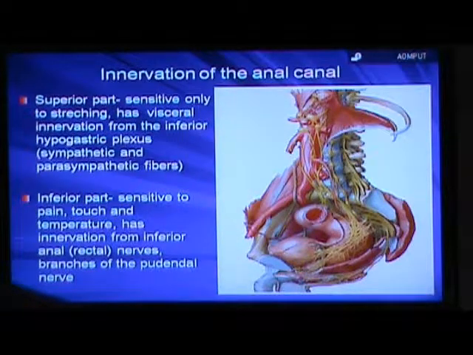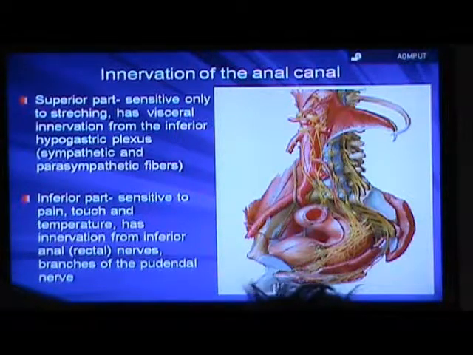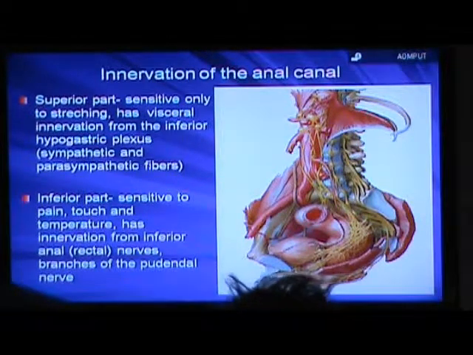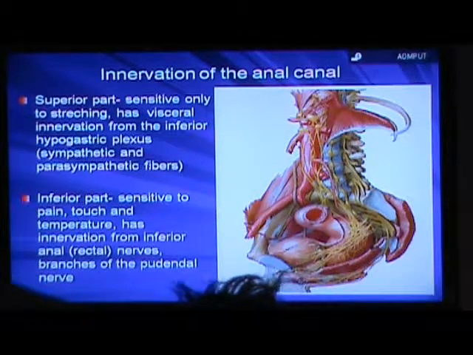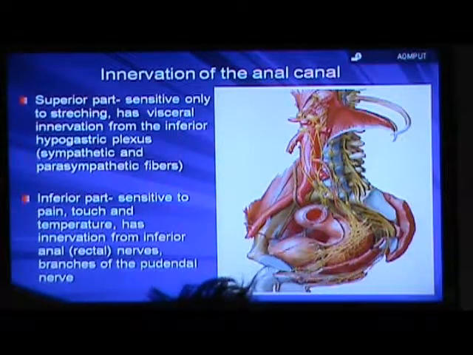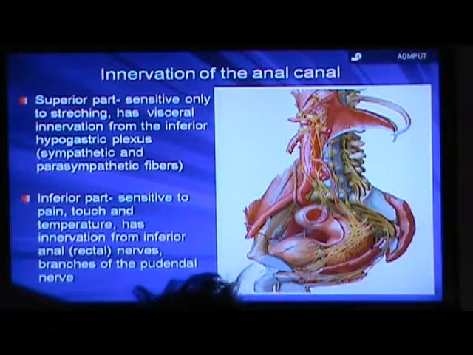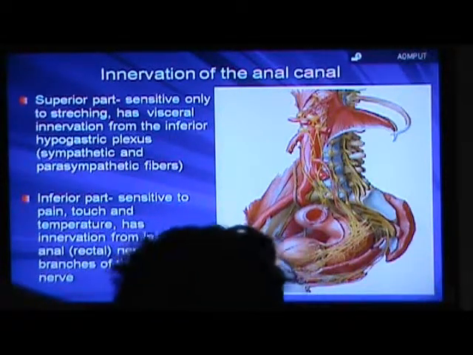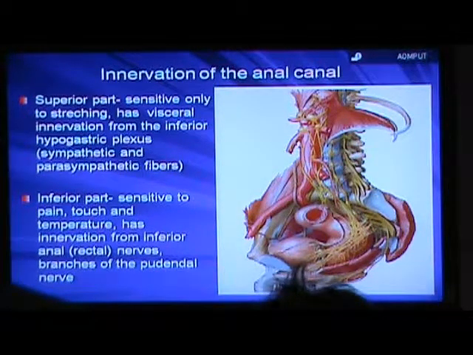Anal canal, the superior part, is sensitive only to stretching and has a visceral innervation from the inferior hypogastric plexus. You remember it's located on both sides of the rectum, and on the levator ani muscle.